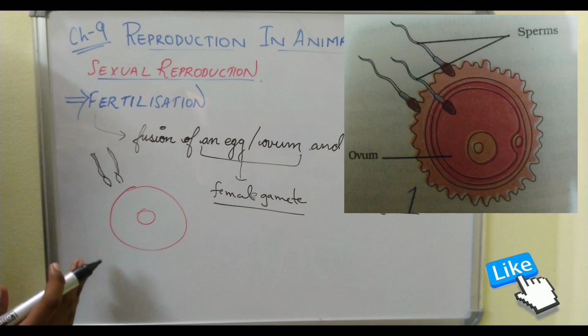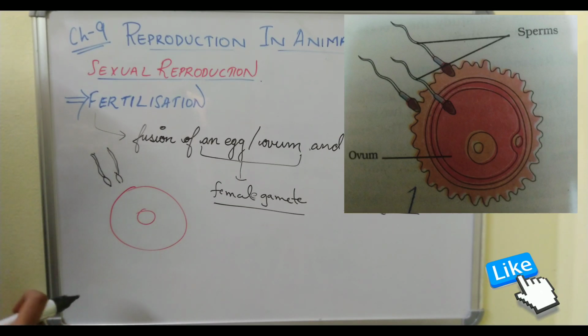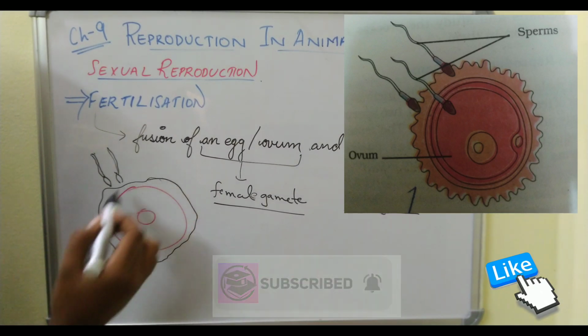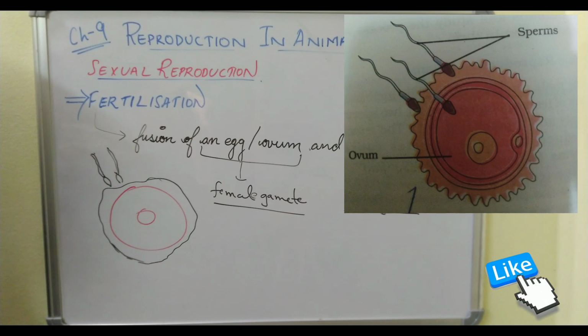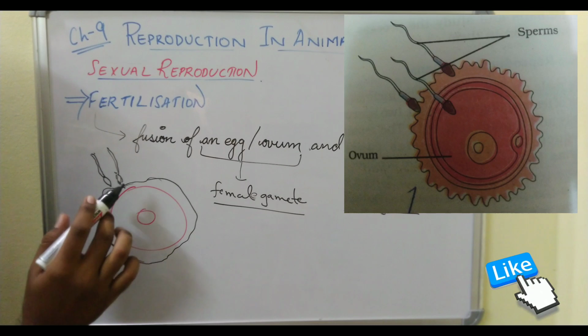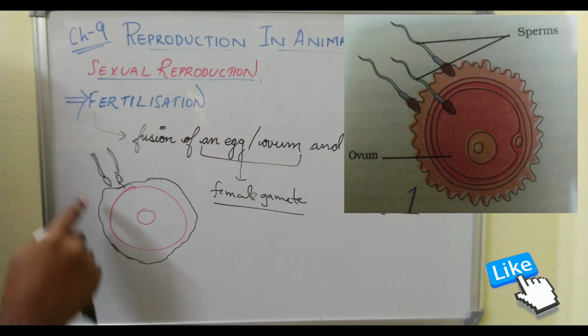Now the sperm enters the uterus and reaches the oviduct, and millions of sperms will be there. The main thing here is that the ovum has some sort of outer covering. Whenever a sperm meets this outer layer, the membrane of the ovum acts as a shield and does not allow other sperms to enter.